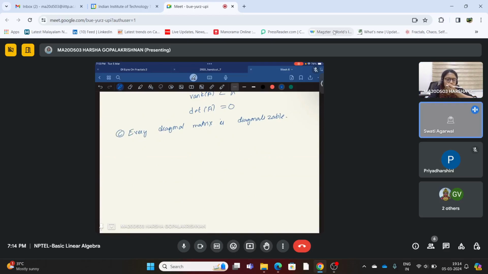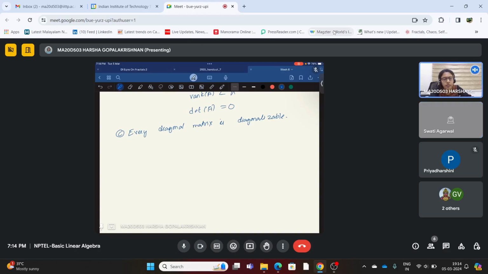So, in this, D matrix is a diagonal matrix, and it has the eigenvalues in it. For finding diagonalizable, okay, what is the definition?